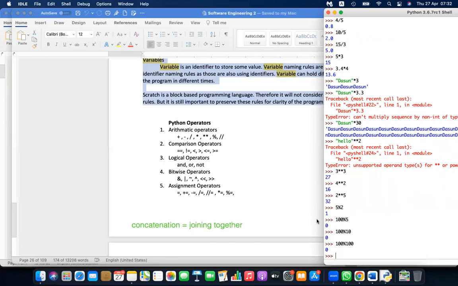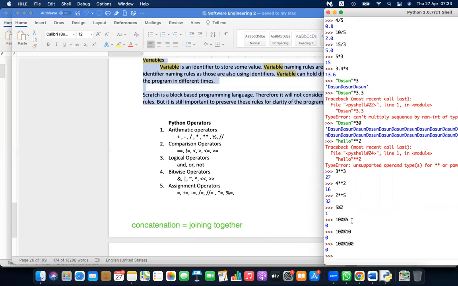Actually this is giving you the remainder. The first number is divided by the second number. If it is fully divisible, nothing remains. Okay, 100 divided by 5, what will be the value?